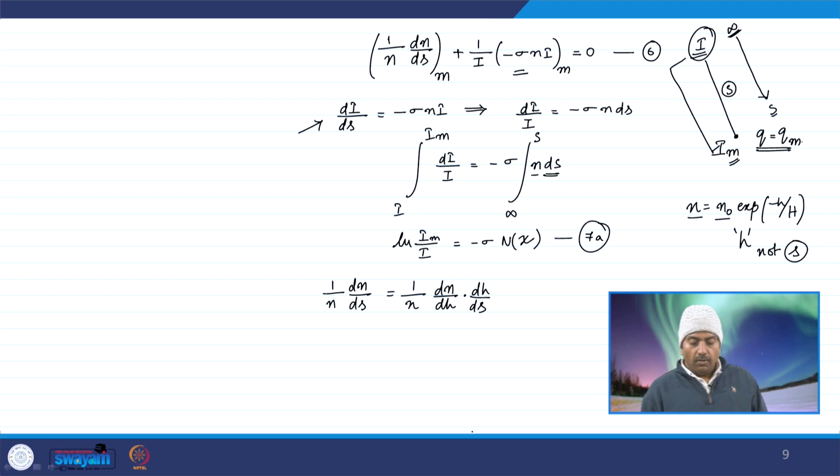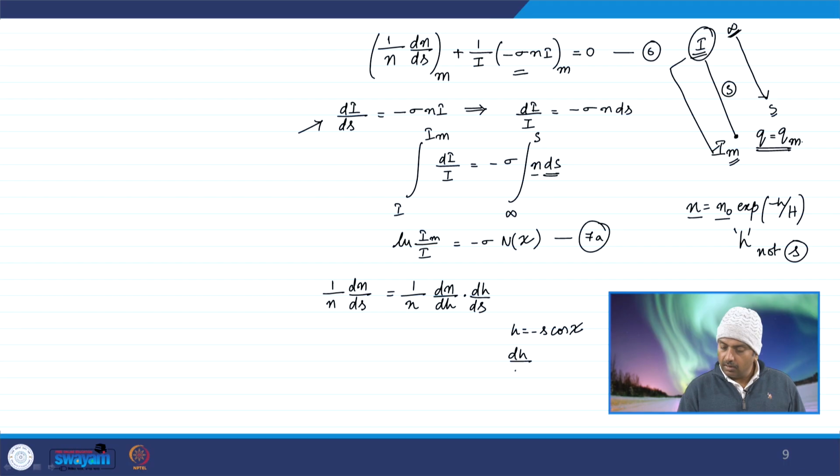So now we know an expression for h is equal to minus s cos chi, or dH by ds is equal to minus cos chi. Substituting this, I will get 1 by n dn by ds is equal to minus cos chi times 1 by n dn by dh.